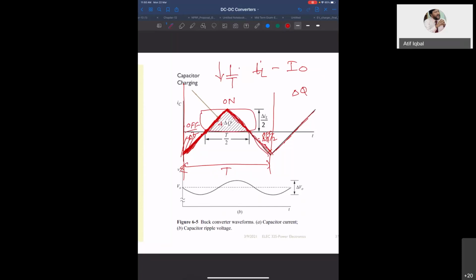When the current is negative, current goes in the reverse direction, so the capacitor discharges. During the period when the current is positive, the charge it gets, the same amount it will discharge when the current is in the negative direction. Understand? This is negative current, this is positive current. Do you understand this part or not?